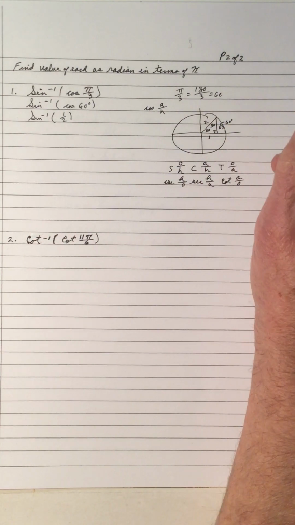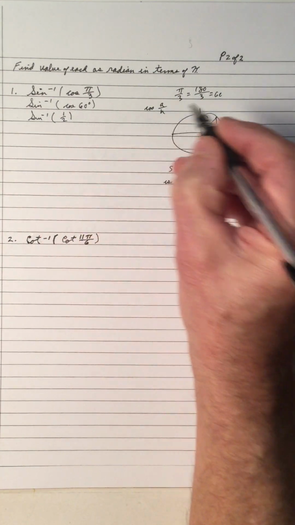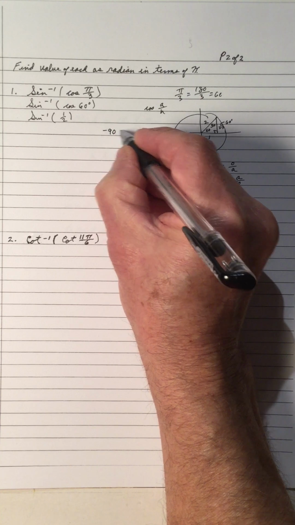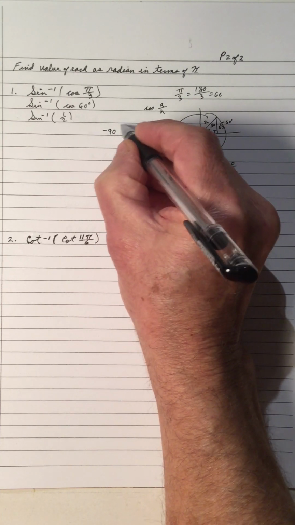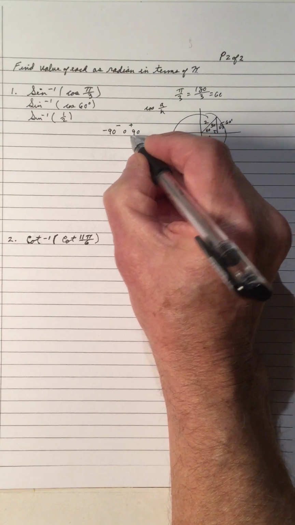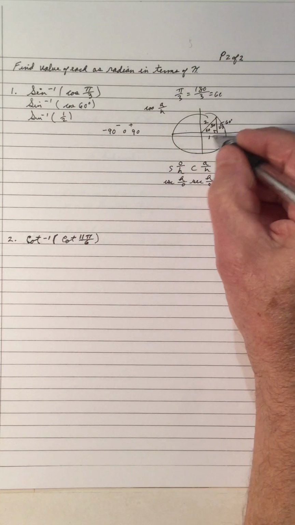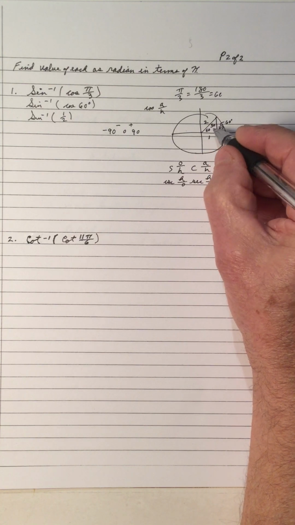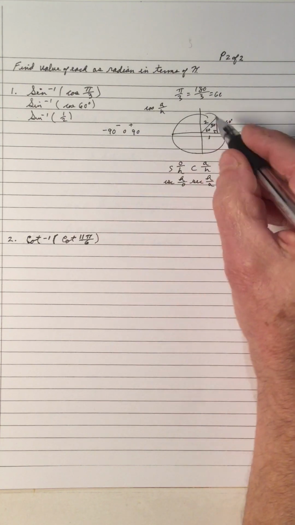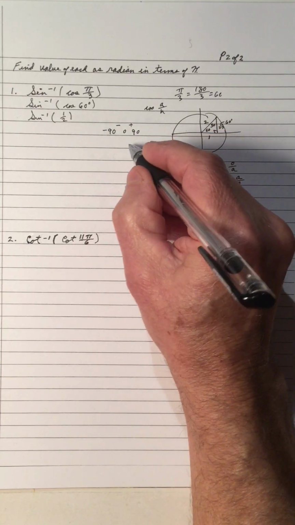Now, to pick up the 1/2, we have a sine inverse. Sine inverse is between negative 90 and 90, negative between 0 and negative 90, positive between 0 and 90. So this is positive 1/2. Positive sine is in the first quadrant.